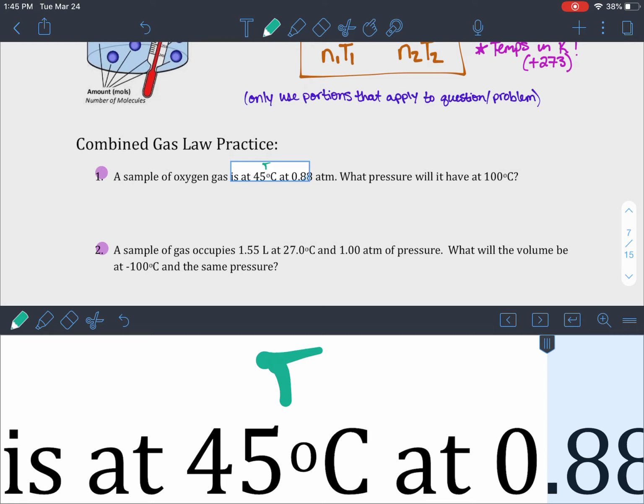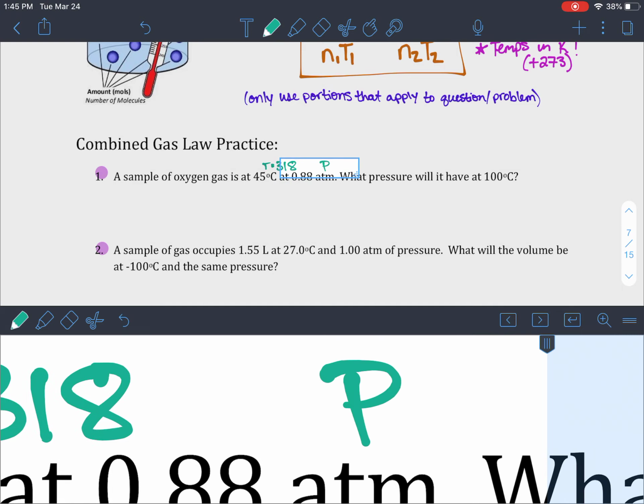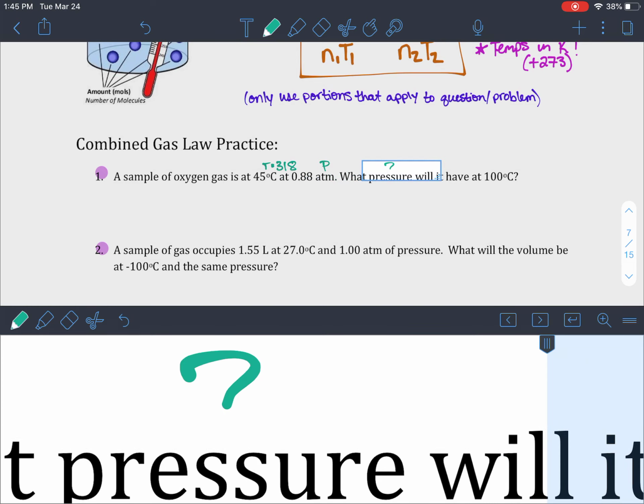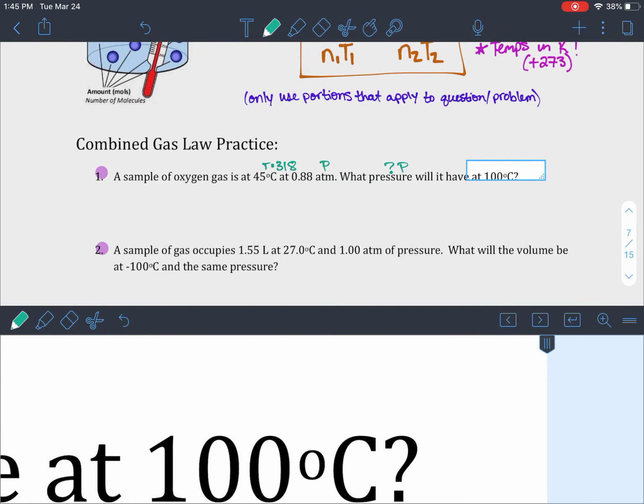So 45 plus 273, and our first temperature is equal to 318 Kelvin. We also have a pressure. It's asking for pressure. And we have our second temperature, and 273 plus 100 is 373.